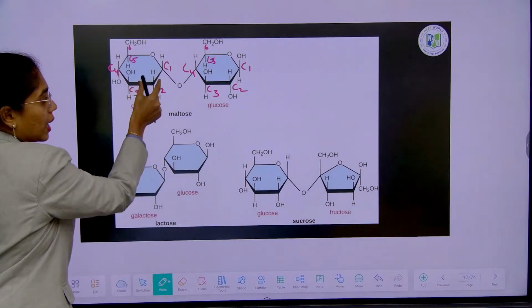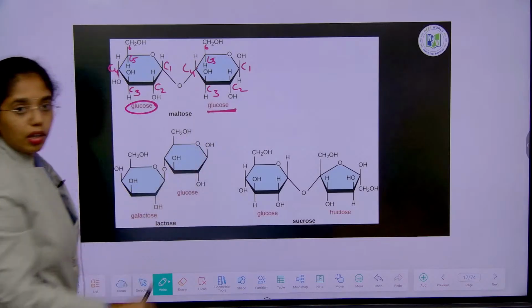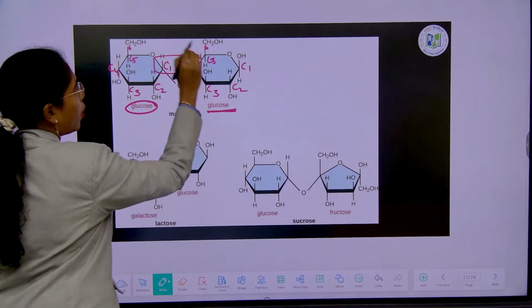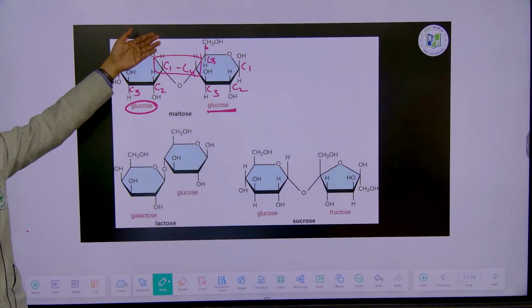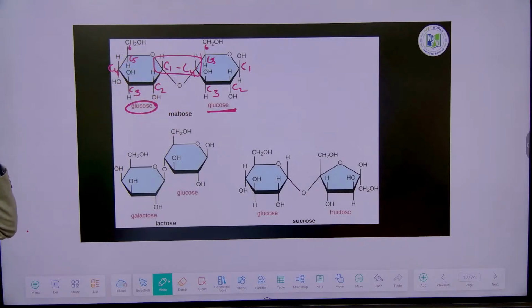So first carbon of first glucose is connected with fourth carbon of second glucose, forming up what? Alpha 1,4 glycosidic bond. What is this alpha and beta? If the bond is oriented upper side, that is alpha. If it is to lower side, it is beta. Alpha 1,4 glycosidic bond is formed.